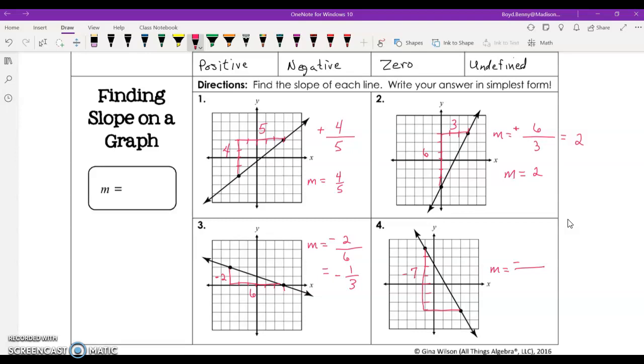So I go down 7 spaces. And I go right 1, 2, 3, 4. This can't be simplified. And we do want to leave this as a fraction, not change it to a mixed number. So the slope of this line would be negative 7/4.